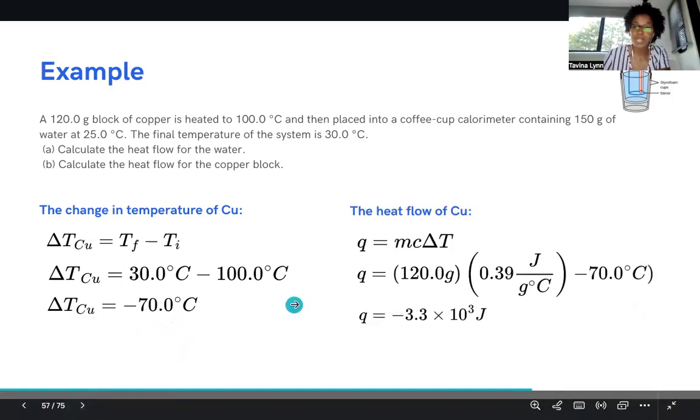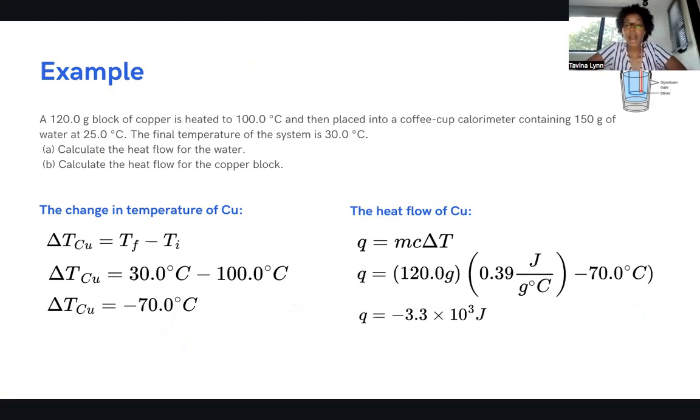Using Q equals mcΔT, the heat flow of copper is the mass, which is 120 degrees. Not degrees, I'm sorry, 120 grams. This is the specific heat of copper. This is a value that would be given to you, times our change in temperature, which is negative 70 degrees Celsius.